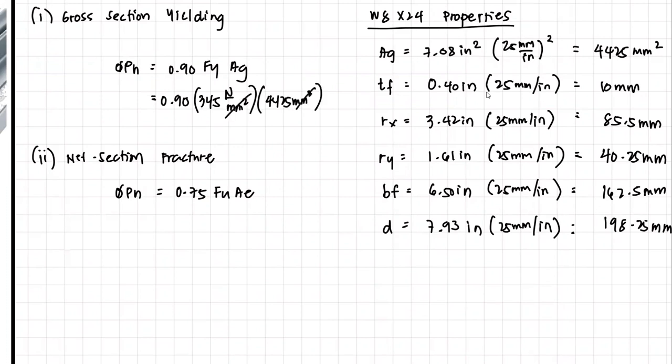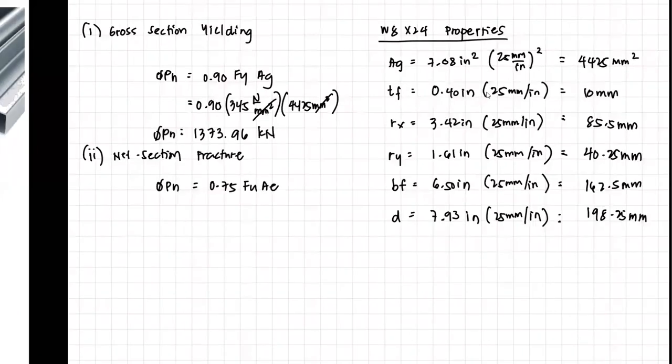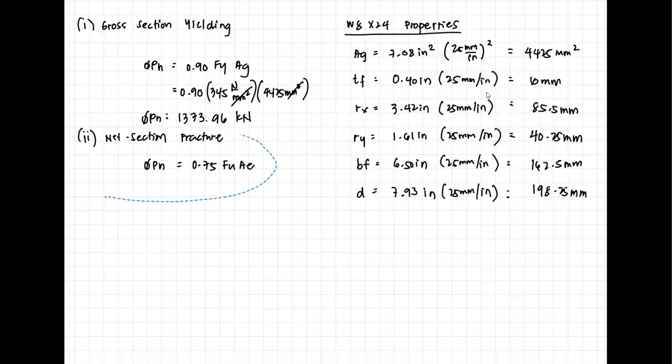This will be cancelled out. So our VPN due to yielding will be 0.9 times 345 times 4425. That is equals to 1,373,962.5 divided by 1,000. We will have 1373.96 kilonewton. That is our value for yielding.